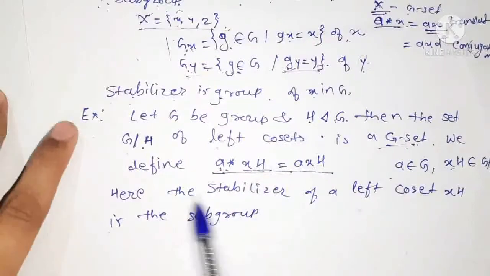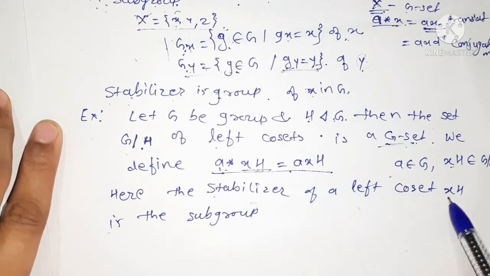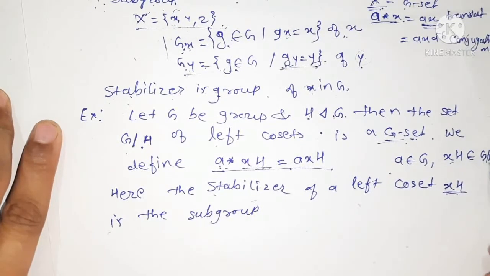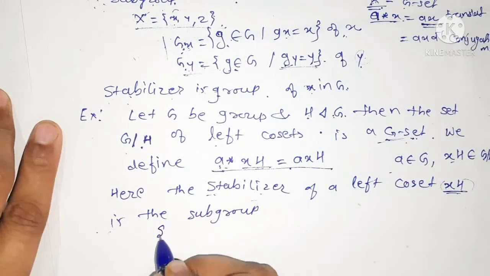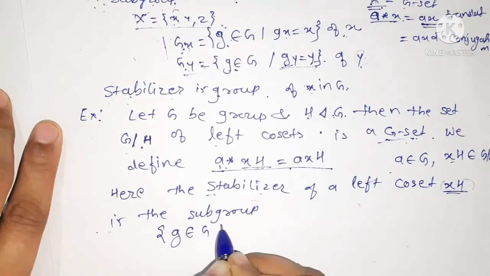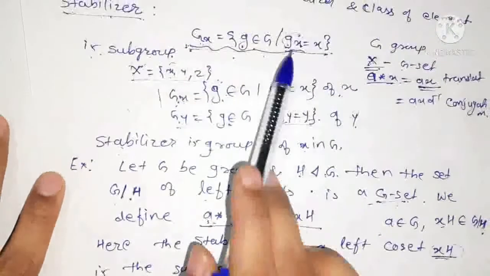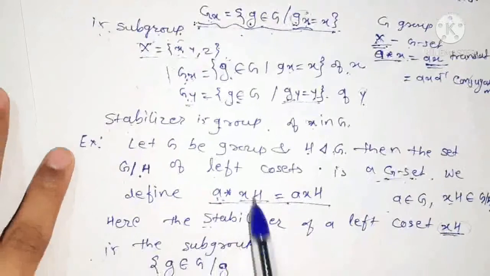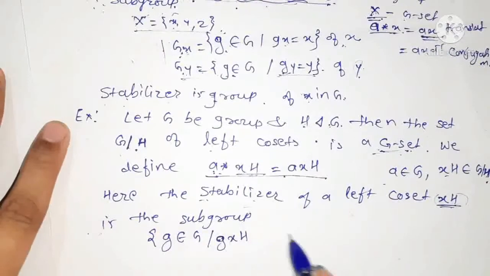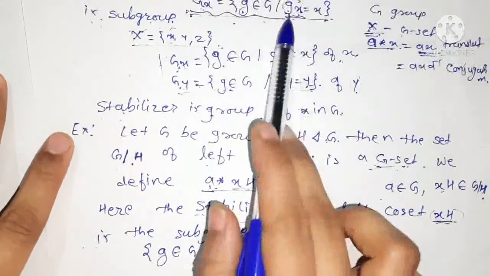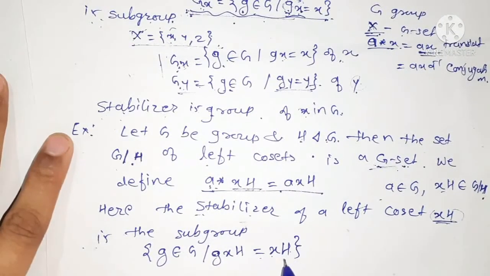So we are saying that the stabilizer of this element, which is an element of G/H, is a subgroup, and it equals the set of all g belonging to G such that g * xH = xH. Since the G-set here is G/H, the element of this set is xH, and we require gxH to equal xH.